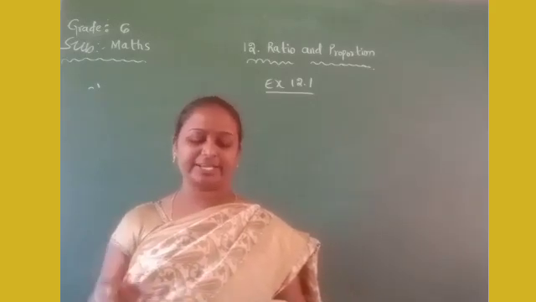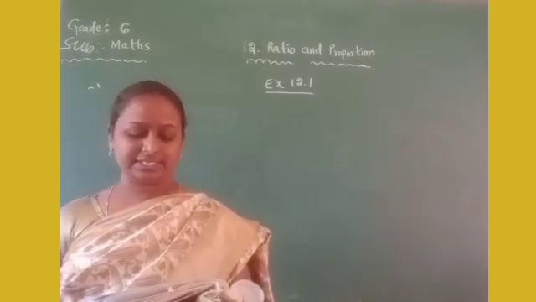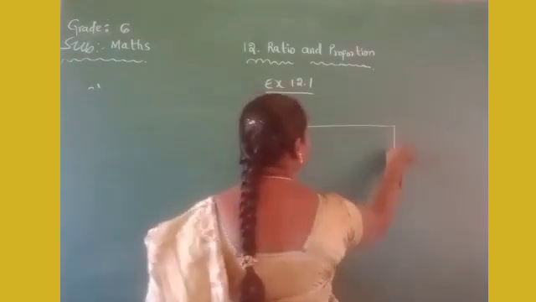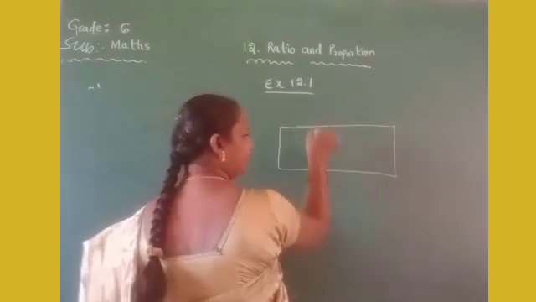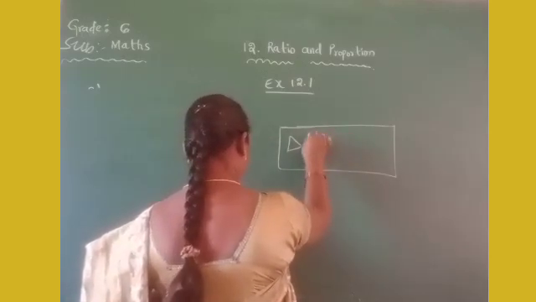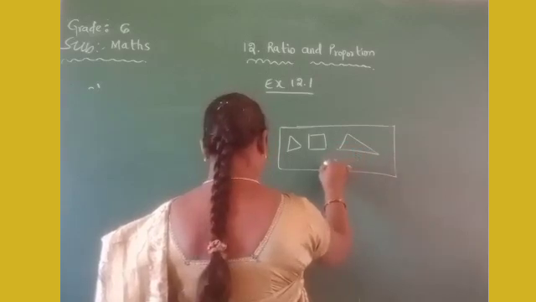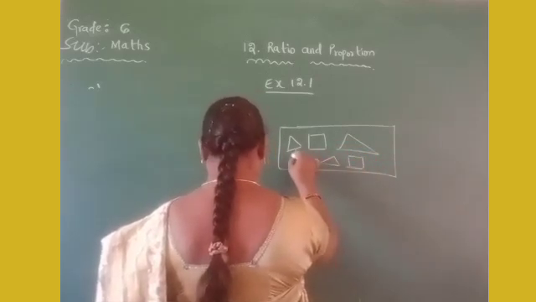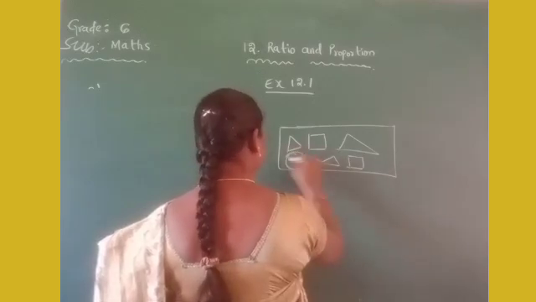So the number of triangles to the number of circles inside the rectangle. Different types of triangles, rectangles and circles are given.